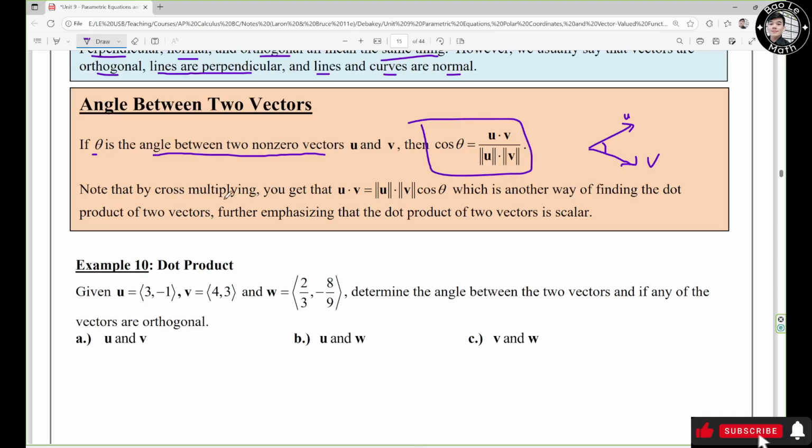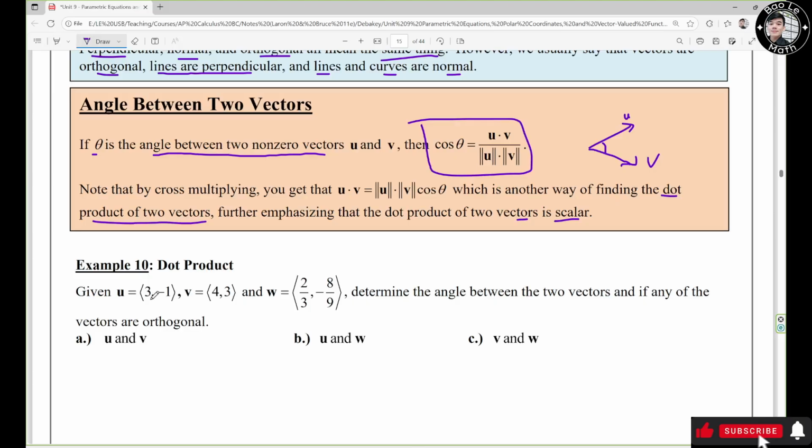Note that by cross multiplying, you have the dot product equals the magnitudes of each vector multiplied by each other, multiplied by cosine theta, which is another way of finding the dot product of two vectors. Alright, further emphasizing that the dot product of two vectors is a scalar.